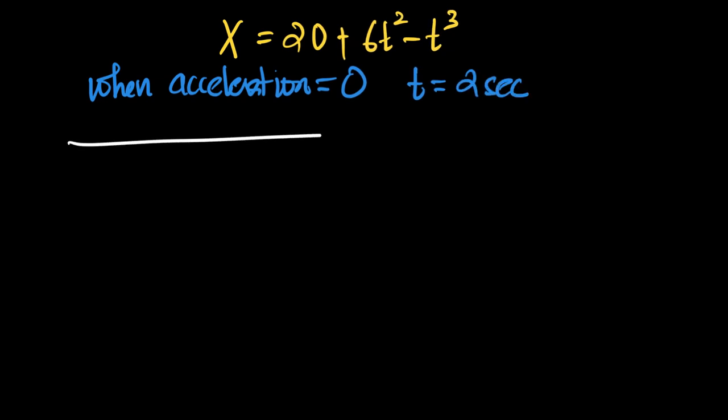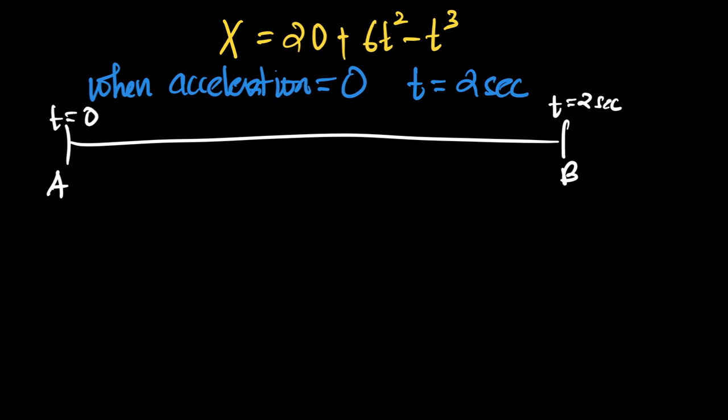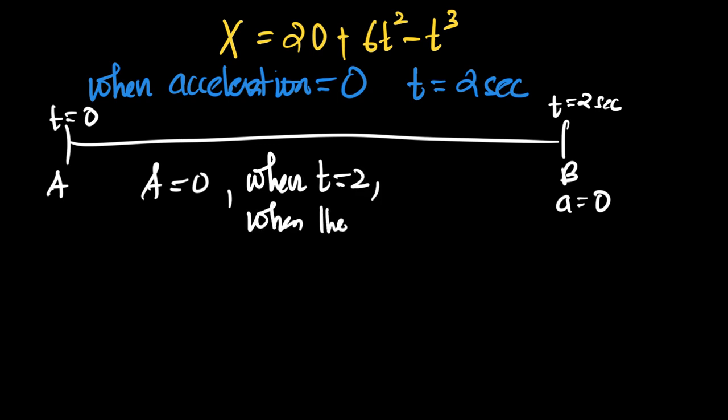Now, if you try to understand this using a diagram, suppose the body is moving from A to B at time t is equal to 0 to t is equal to 2 seconds. We can say that at this point the acceleration was 0, right? So, acceleration is equal to 0 when t is equal to 2, or when the object has covered the distance AB, right?